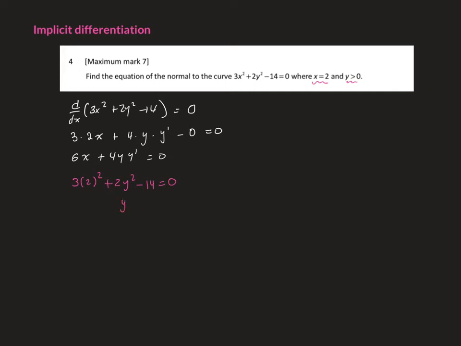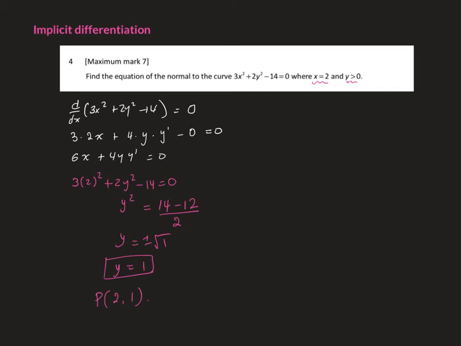So y squared is equal to 14 minus 12, divided by 2. That is, y is equal to plus or minus the square root of 1, and that is just 1. Because we need to take the positive answer, y is going to be equal to 1. So the point that we are looking at is the point (2, 1).